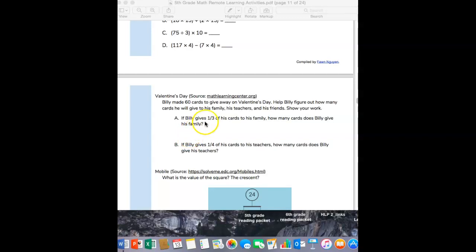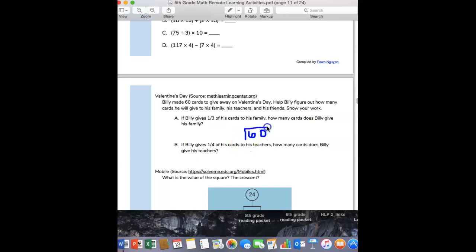If Billy gives 1/3 of his cards to his family, how many cards? When we see 1/3, that just means that you take the 60 and divide it by 3. 60 divided by 3, how many 3's are in 6? 2. 2 times 3 is 6. Bring down your 0. 20. So he gives his family 20 cards.